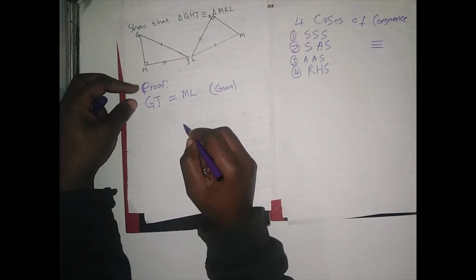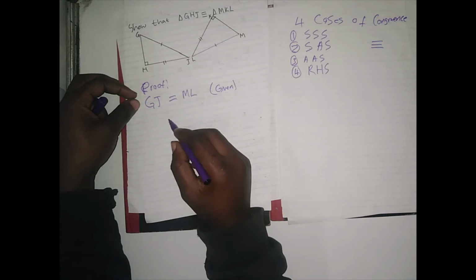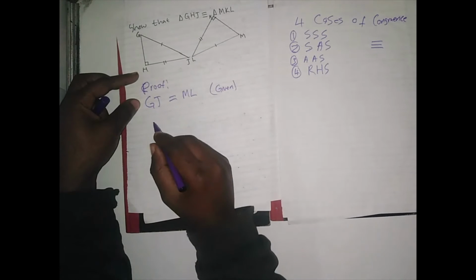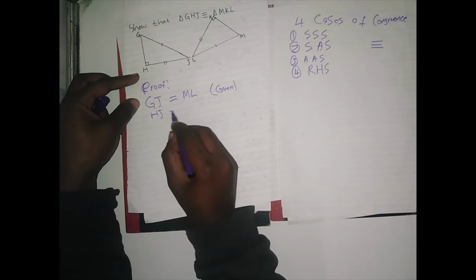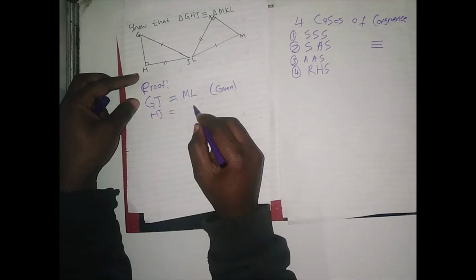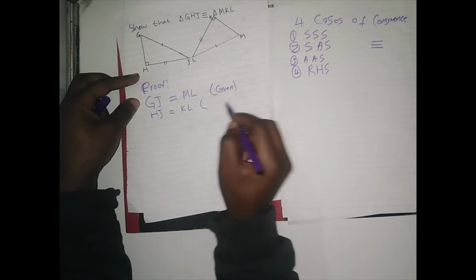And then secondly, let's look at this one. Let's take the other side. We've got HJ, which is equal to what? Which is equal to KL. How?